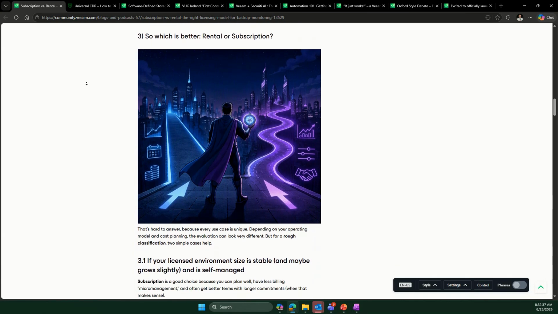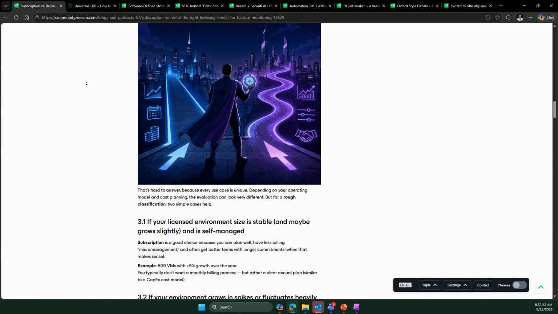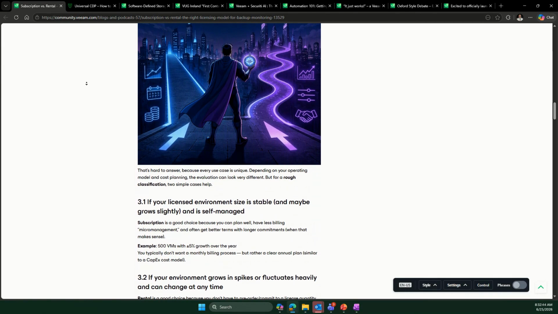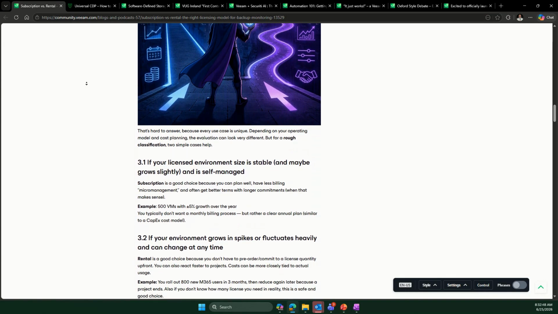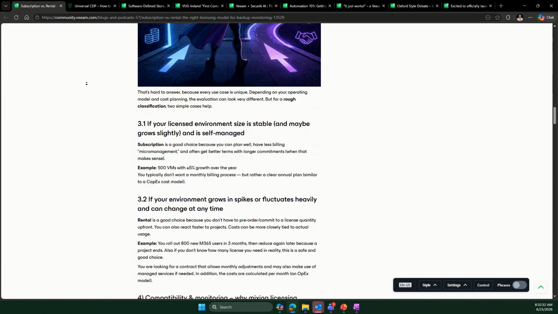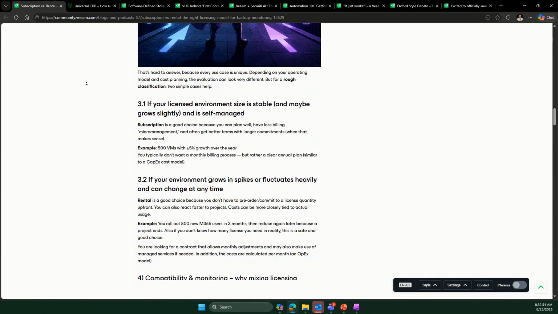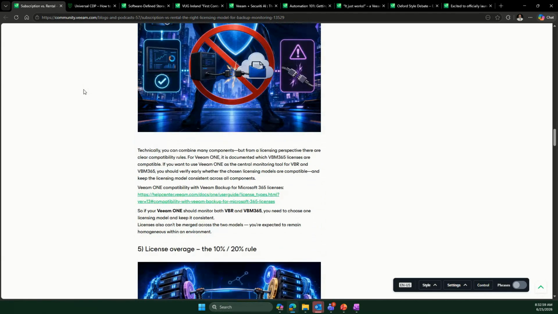And thank you for bringing this topic up, Andreas. Yeah, and I think this is really important because right here, in 3.2, if your environment grows in spikes or fluctuates heavily, then rental is really the better option, right? There are a lot of really good points here.